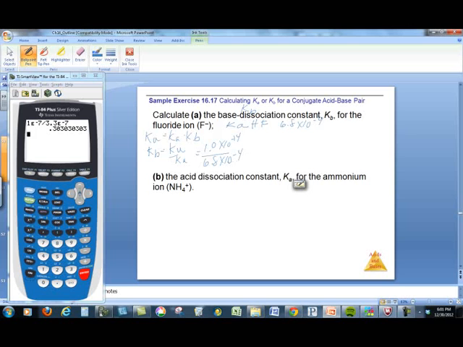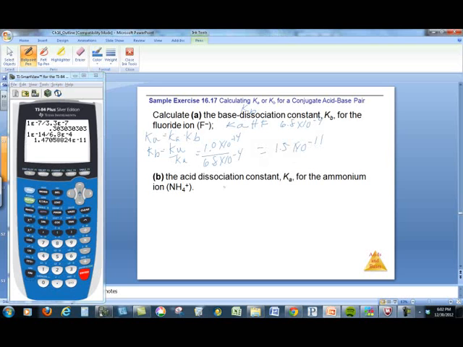I divide those two, 1 EE minus 14 divided by 6.8 EE minus 4, gives me a Kb. I want 2 sig figs because that's what I have in both my Ka and my Kw. So it's 1.5 times 10 to the minus 11.